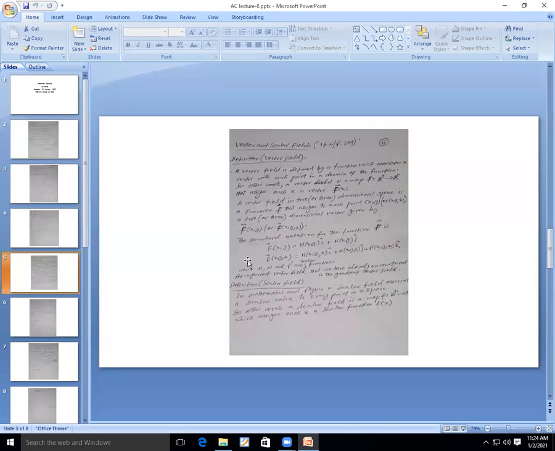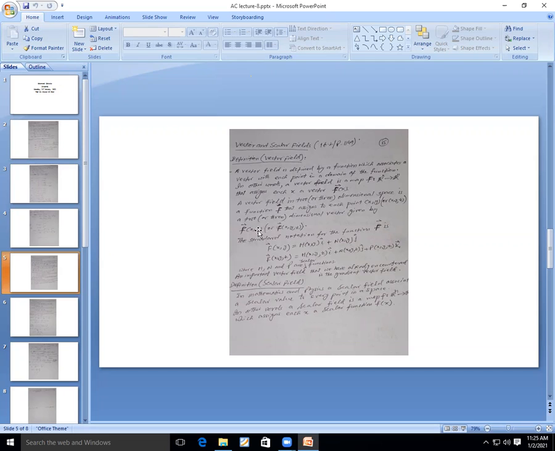To explain this more, a vector field in 2 or 3 dimensional space is a function, as we said, denoted by capital F, that assigns to each point (x, y) if it is in 2-space, or (x, y, z) if it is in 3-space, a vector. It is denoted by F with an arrow on top. This F of (x, y) is a vector, and this F of (x, y, z) is also a vector.